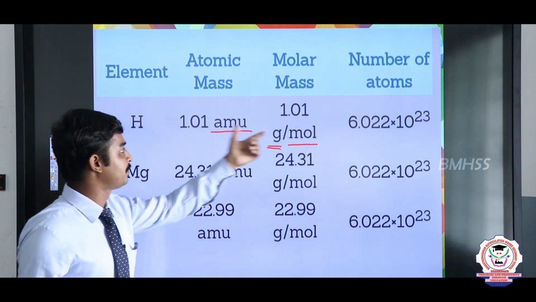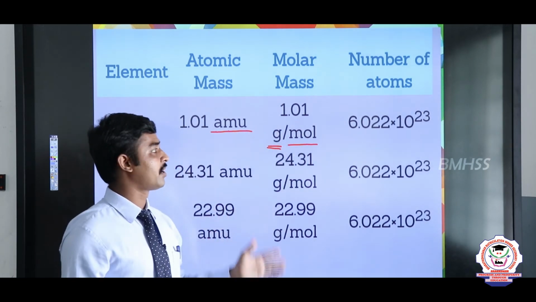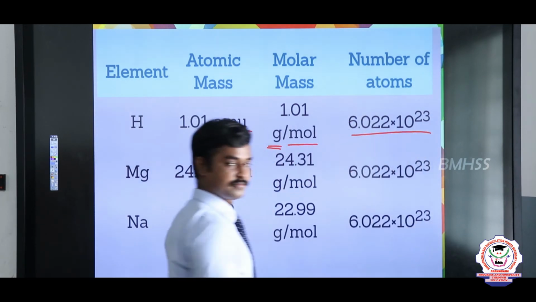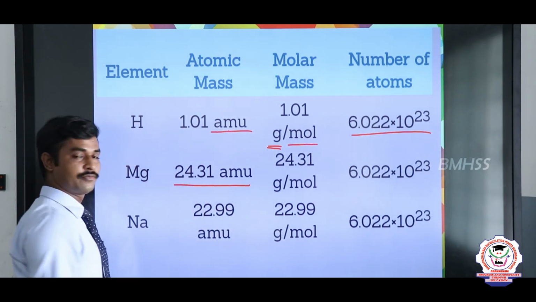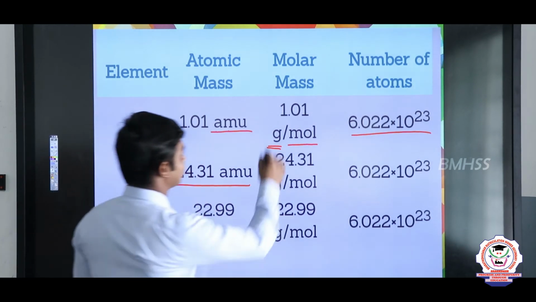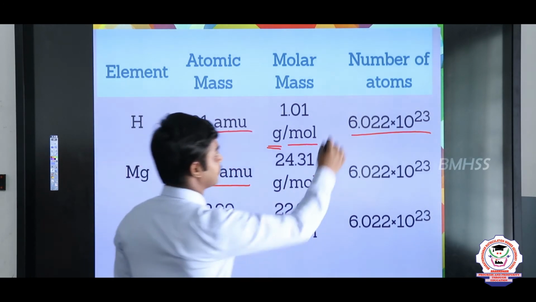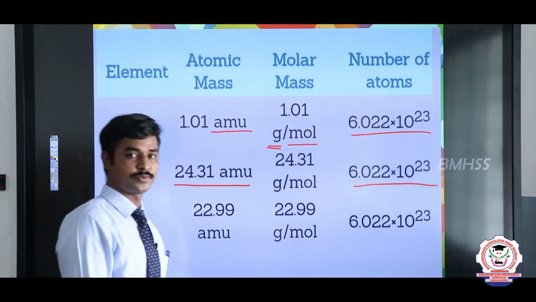So, the same weight is maintained because we uniformly maintain the number of particles for a mole, that is 6.02 into 10 to the power 23. Magnesium also has the atomic weight 24.31 atomic mass unit, and its molar mass is 24.31 gram per mole, and the number of atoms is also the uniform number 6.02 into 10 to the power 23.